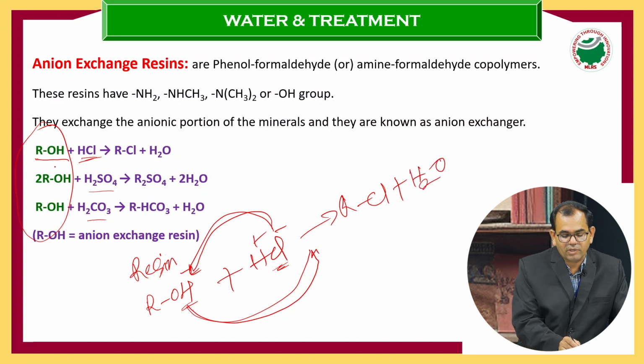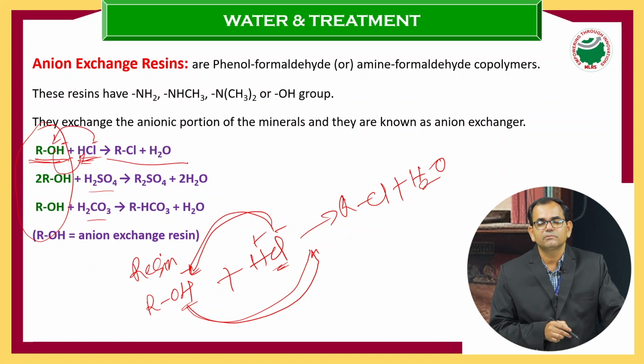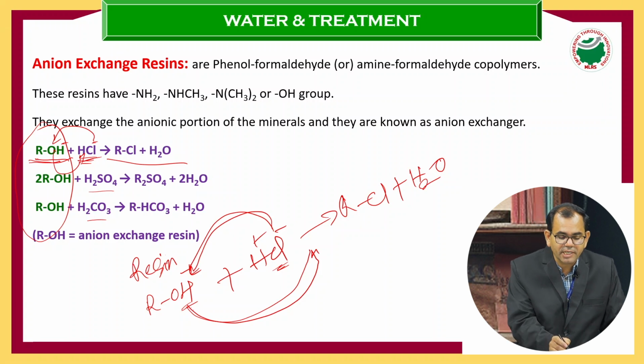See, the resin containing OH, the OH minus anion has been replaced with Cl minus ion and there is a byproduct. Let us see the beauty of this anion exchange resin. The anion from the resin or filter has been replaced with chloride anion. So exchange has taken place between anion and anion. That's why we are calling it anion exchange resin.